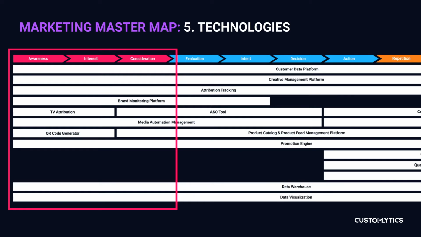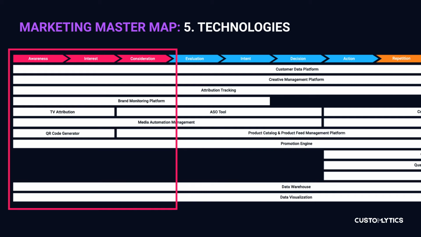If you are doing brand marketing in some capacity, which you will probably do, then you already need to look into brand monitoring platforms. So the technology here really is dictated by the activities and channels that you're using in this demand generation section.